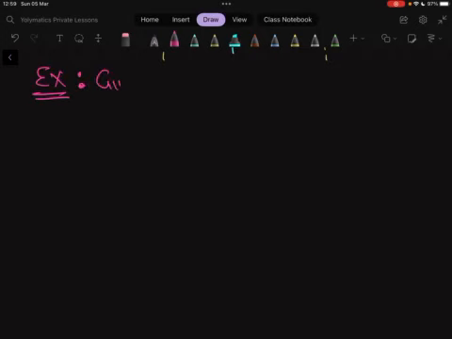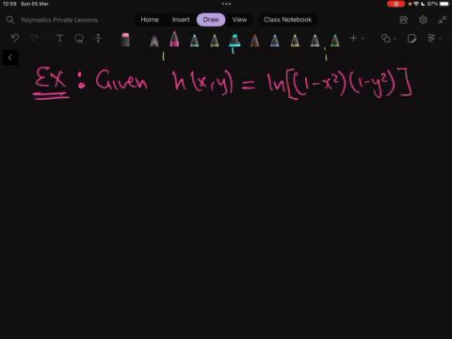So given the function h(x,y) defined as ln((1 minus x squared)(1 minus y squared)), determine the domain and sketch it.